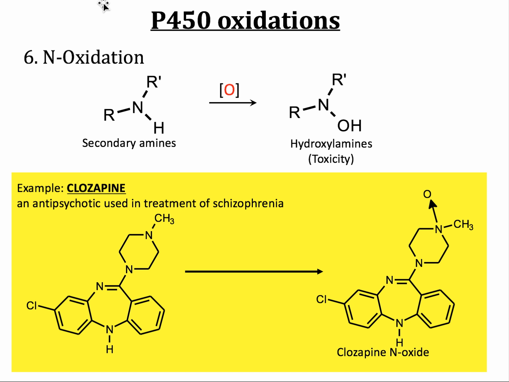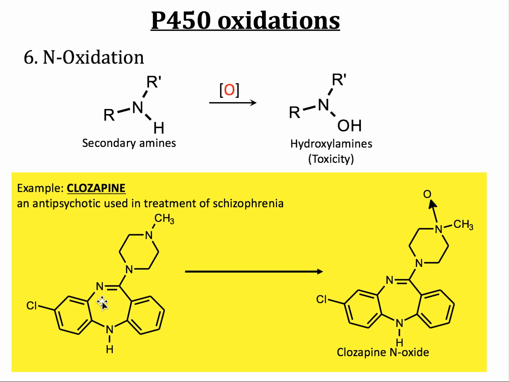So the sixth one is N-oxidation. So in this case you look for a secondary amine, so one which has lost two hydrogens. In this case you simply add an OH group, so hydroxylamine, which is very toxic.